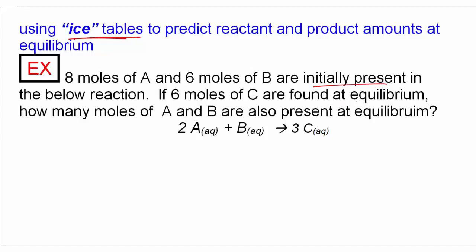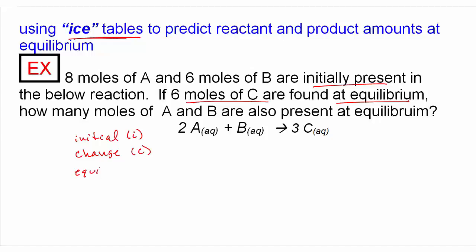And then at equilibrium, we have 6 moles of C. How many moles of A and B are also present? So they always give you a chemical equation. So we've got it. And then we make a table with 3 rows. Here's the top row, initial, little letter I. Second row, change, letter C.